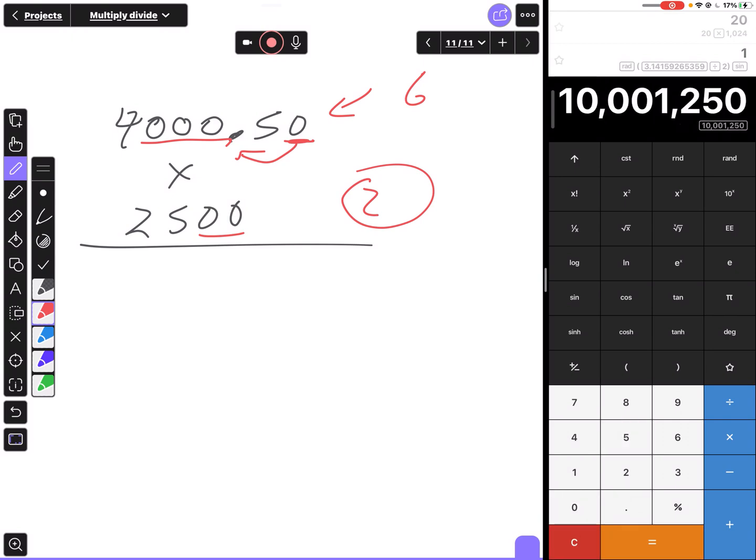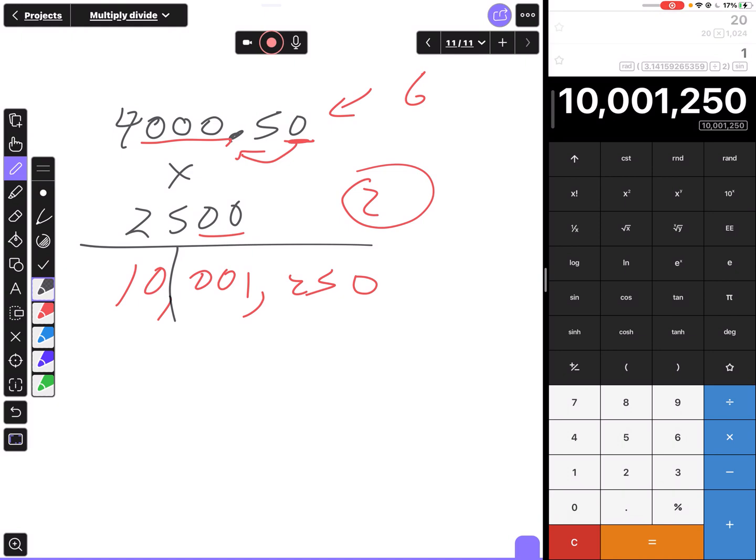We get 10,001,250. So we need that to have two significant figures. To do that, we just about have to put this in scientific notation, because if we cut it off right here and rounded it to 10 million, that would only be one significant figure. We need two significant figures.